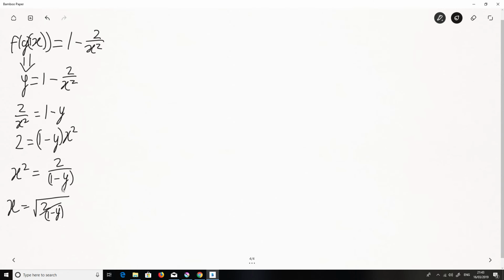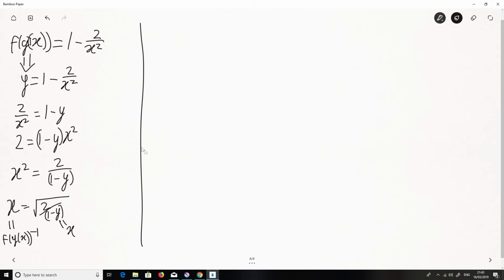So now, using the same thing that we said before, we swap this out for f of g of x to the minus 1, because we're just doing the inverse of whatever it is we were given. And we swap this out for x.